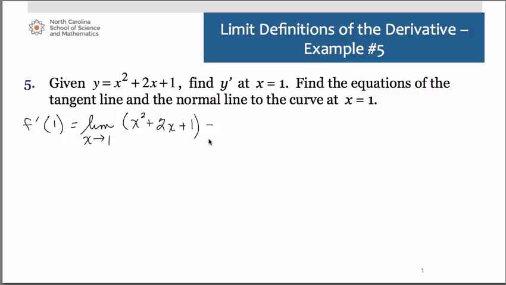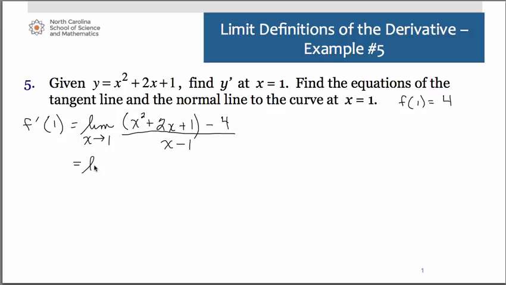So in this case, we need the function value at 1. So we need to find essentially f of 1 on our own. In many of our other examples, it was given to us in the ordered pair. So we need to substitute 1 into the function. And when you do that, you do get 4. So this will be minus 4. And our denominator is x minus 1.